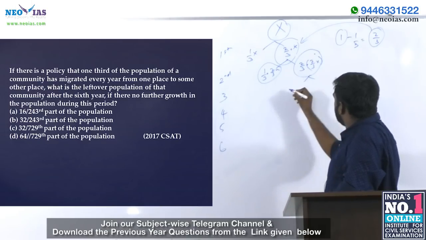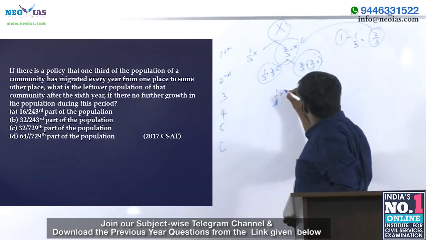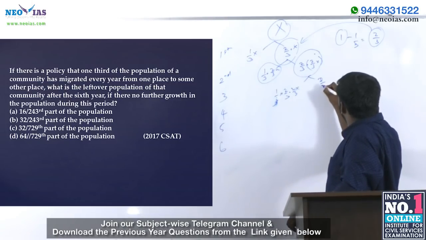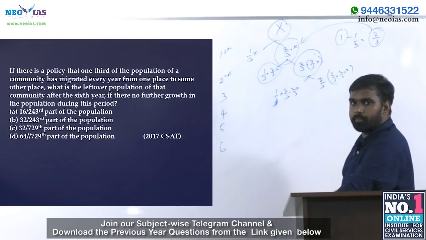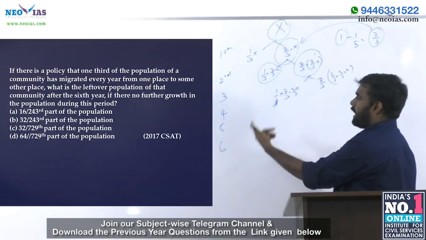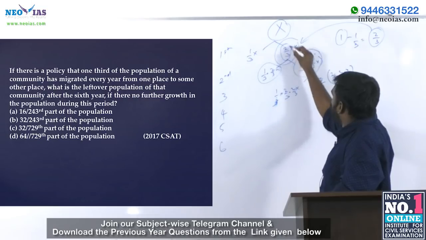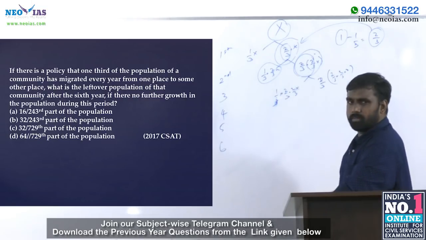Again the next year also, 1/3 of 2/3 into 2/3 X will be going out, 2/3 of 2/3 into 2/3 X will be staying there. So this is happening how many years? 6 years. You can see, if in the first case 1 2/3 is there, in the second case 2 2/3s are there.